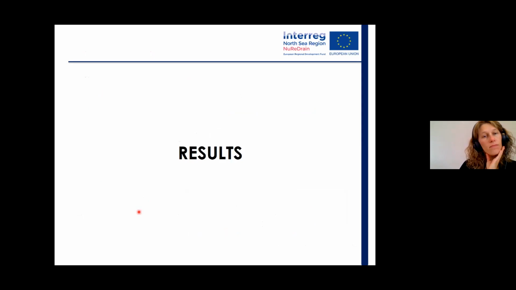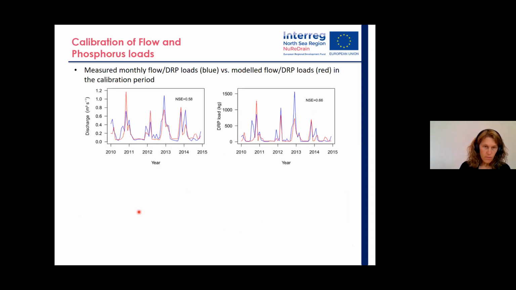Now I'd like to present the first results of our modeling approach. And here you can see the calibration results of our modeling period from 2010 to 2015. You see here monthly discharge values.